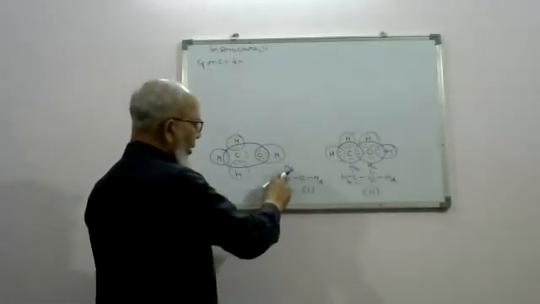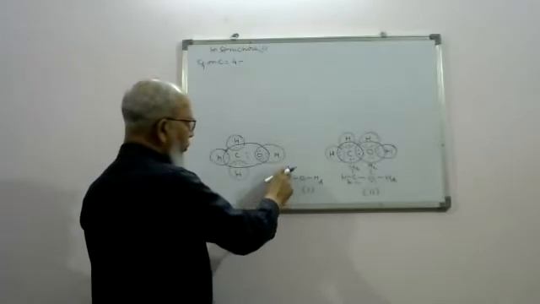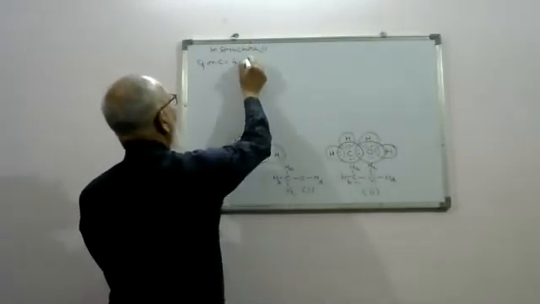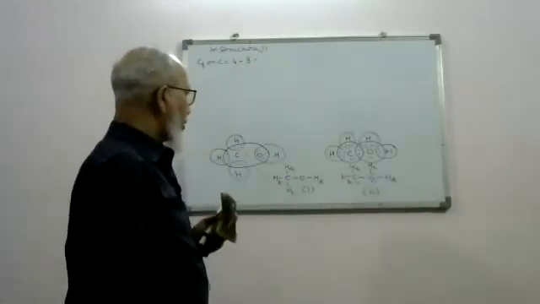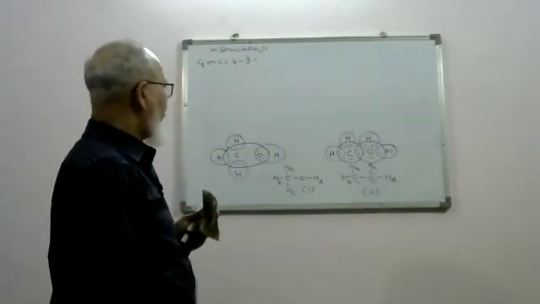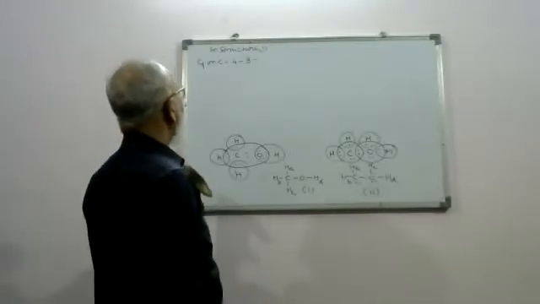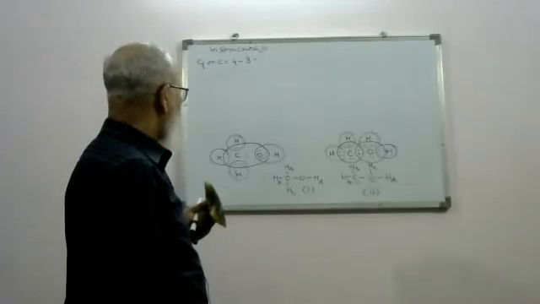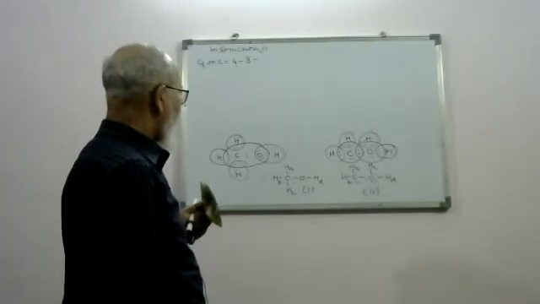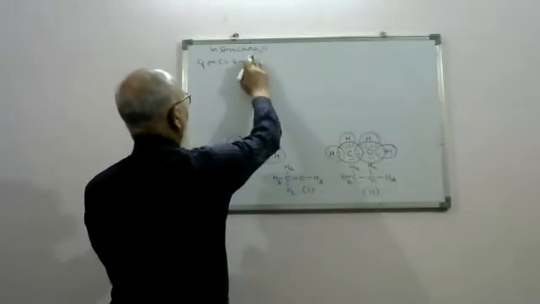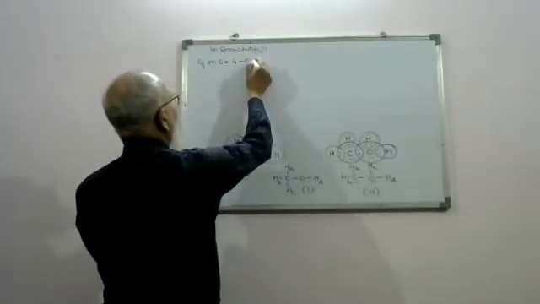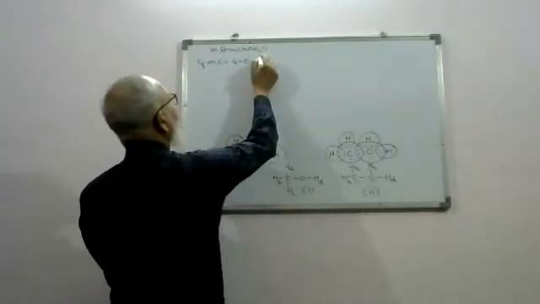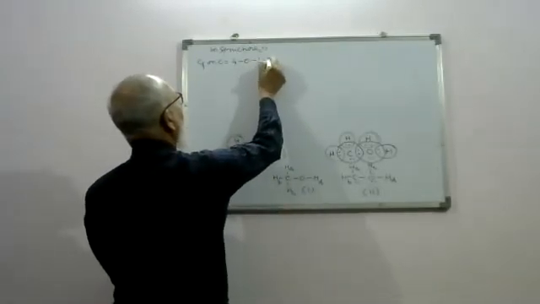Carbon is forming 4 bonds, so the total number of shared electrons are 2, 4, 6, 8. 1 by 2 into 8.